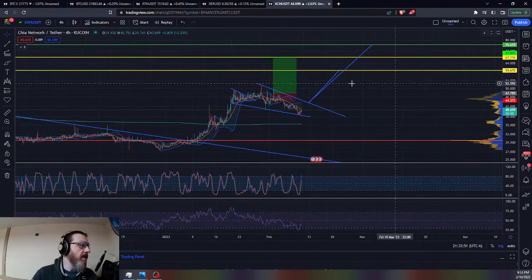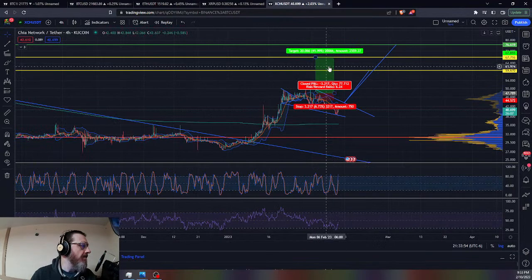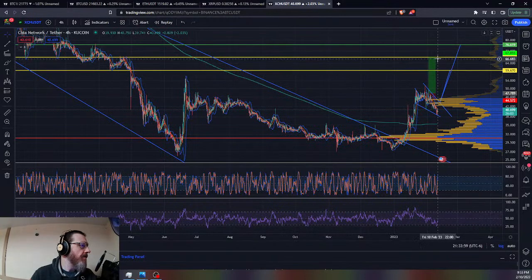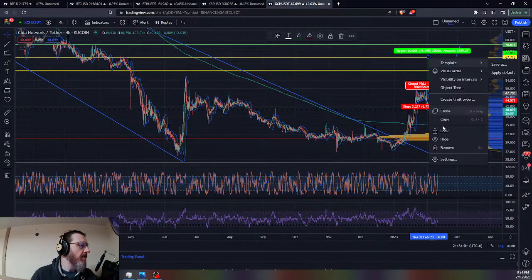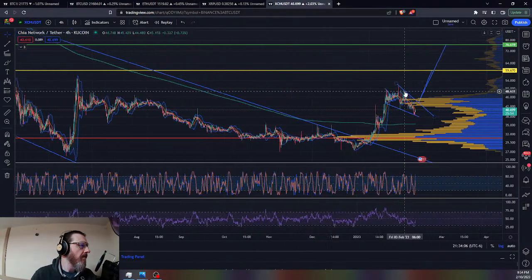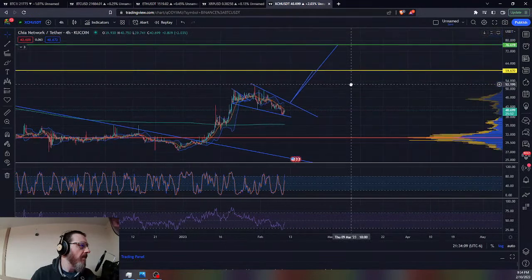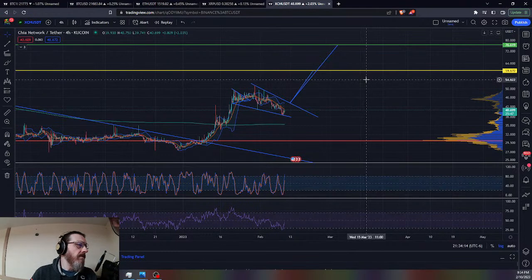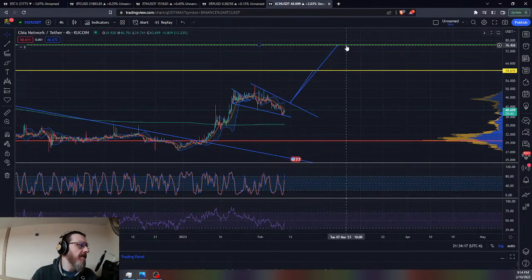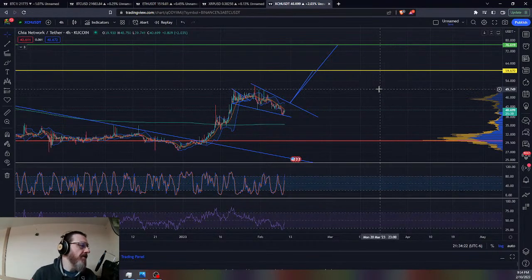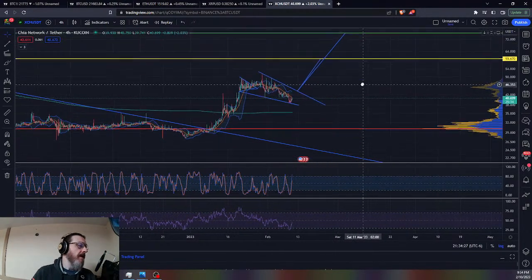There's sort of a midpoint there where I drew this measured move up before. Let me remove that. So potentially about 59 to 76. So I would say, 60 to 75 range-ish, if Chia does break out of this falling wedge.